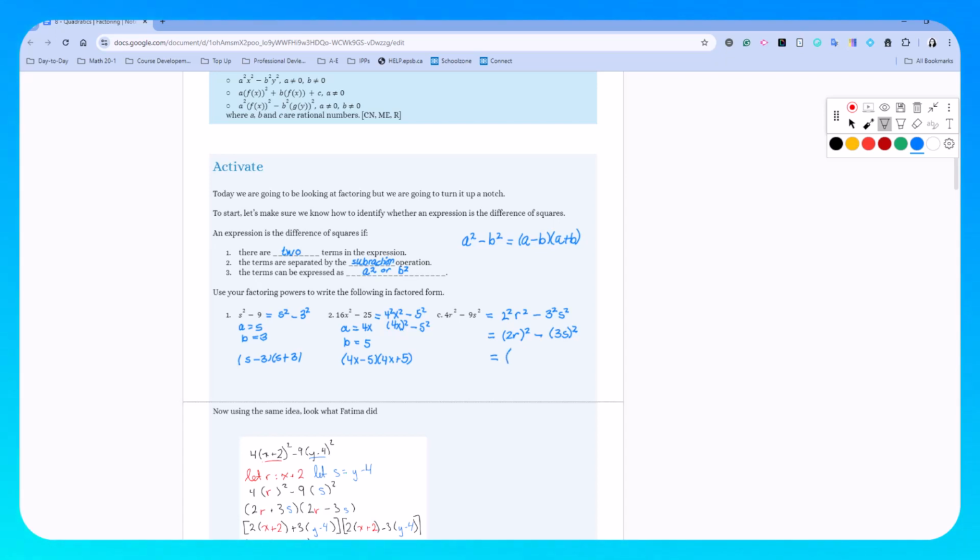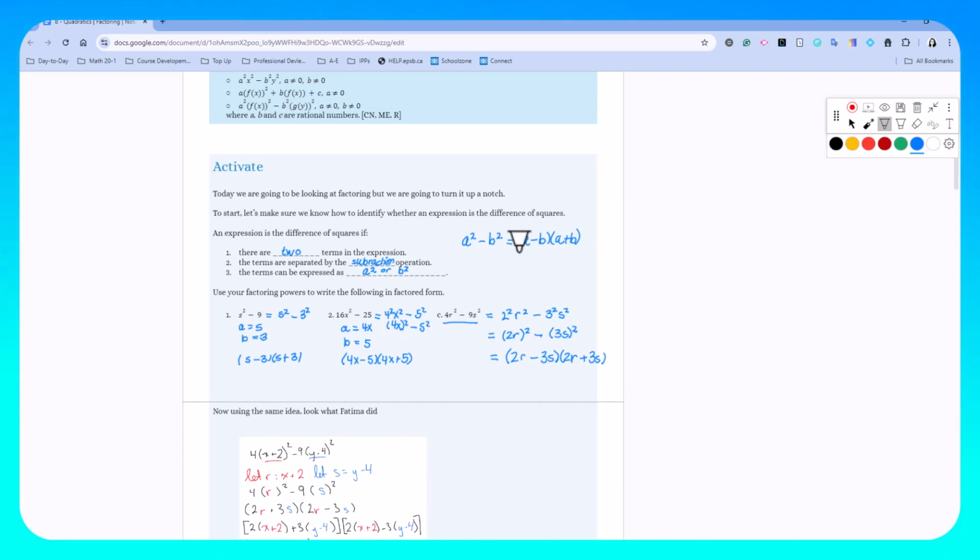This means that factoring this out, we have 2r minus 3s times 2r plus 3s. At some point along your mathematical journey, you would have seen something probably as complex as that.